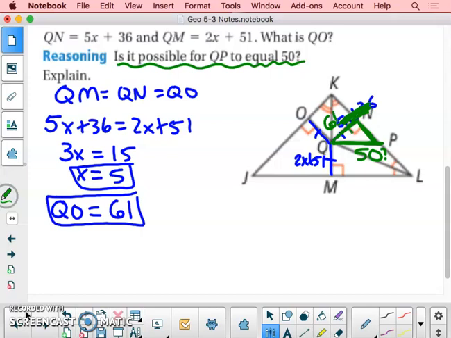But if my right angle is here, I have a right triangle, and this should be my hypotenuse. So I can't have my leg be 61 and the hypotenuse be 50, because the hypotenuse has to be the longest side. So it's impossible for QP to be 50 units long. The hypotenuse must be the longest side.